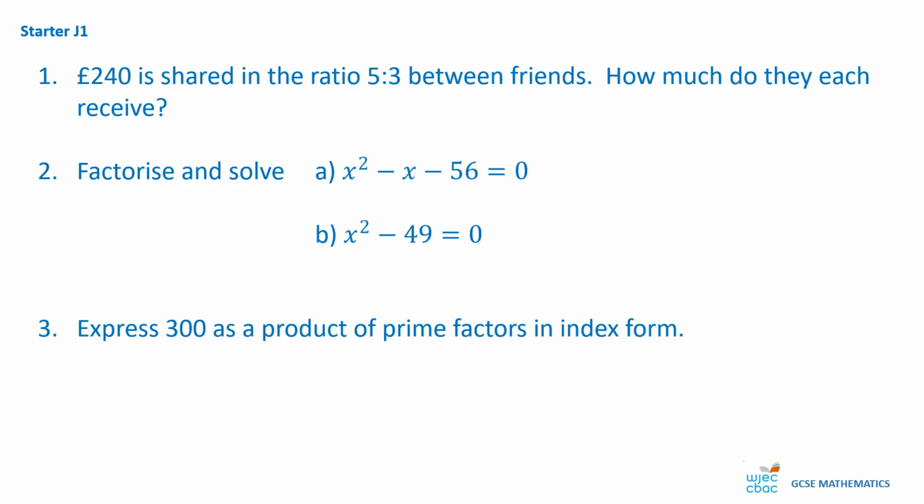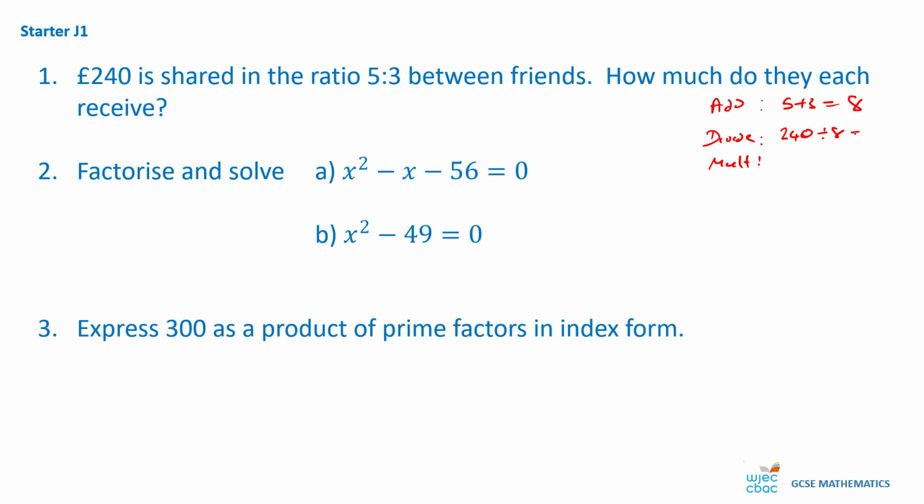Okay, so we're going to share £240 in a ratio of 5 to 3. So if we use the 3 steps, hopefully you remember that: add, divide, and multiply to share in a given ratio. So we add the ratios, 5 add 3. So we're going to share 240 into 8 parts. So we can divide the 240 by 8.